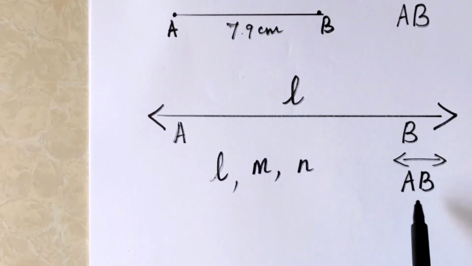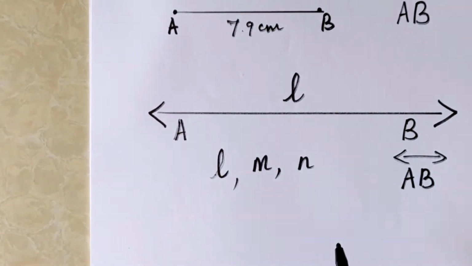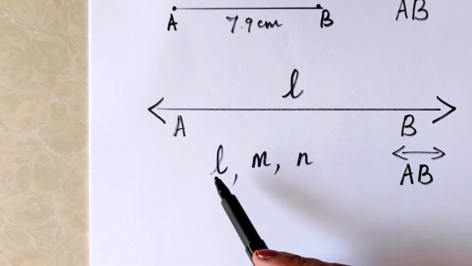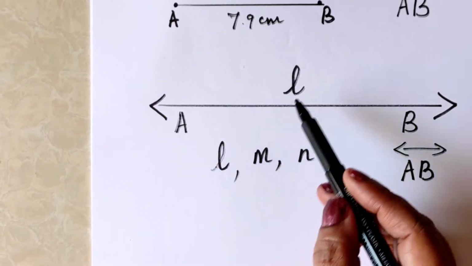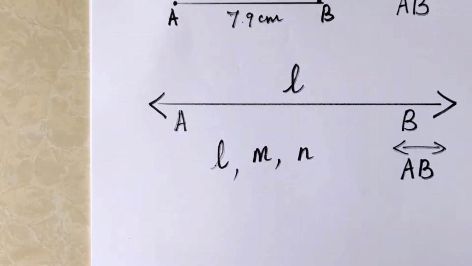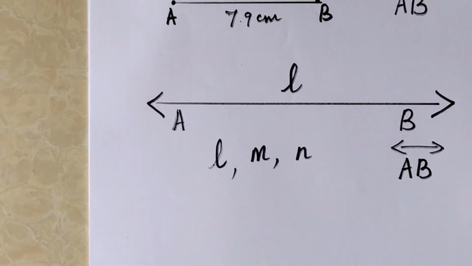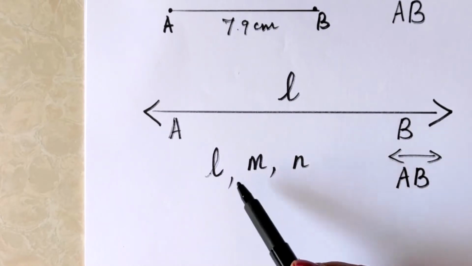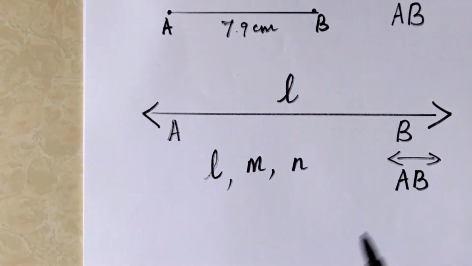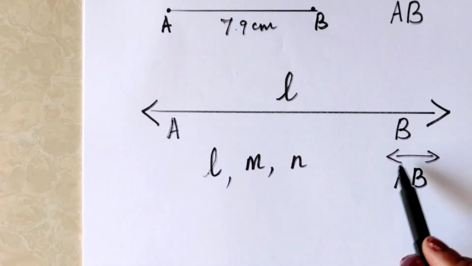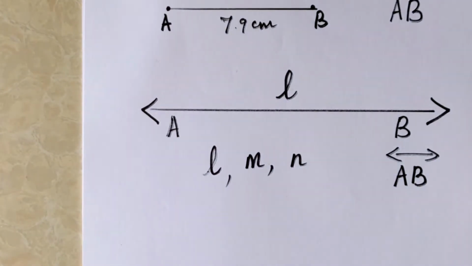When you write with capital letters, you have to make the symbol. Otherwise, we can simply say line L, line M, naming with a single small letter. This will be learnt in the higher classes. So now you just remember how to write a line with the symbol, with arrow marks on both sides.